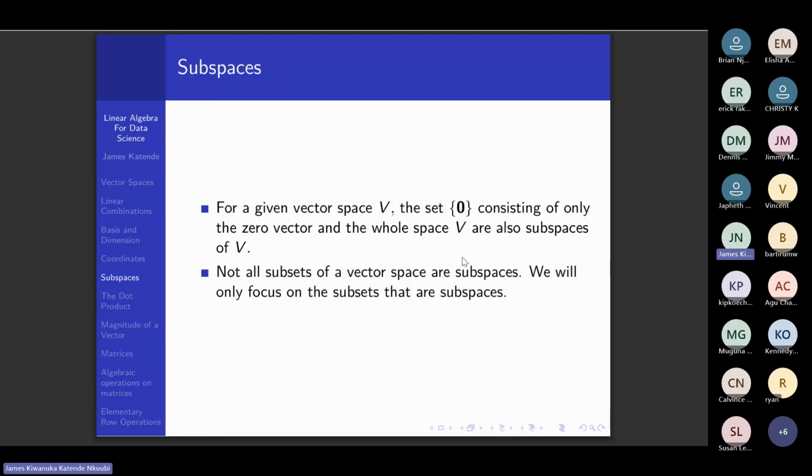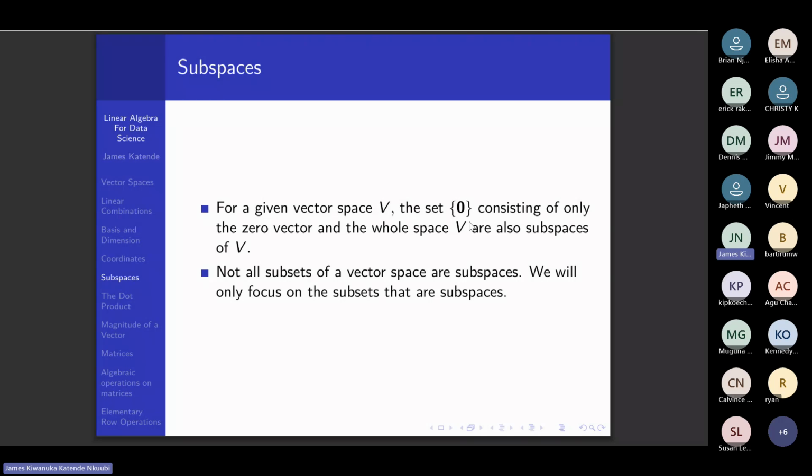So there are some basic examples, the trivial examples of subspaces that we can use. One, if you have a vector space V, the set consisting of just the 0 vector and the whole space are considered subspaces. From mathematics, you know that any set is its own subset. So you can think of the whole vector space as a subset of itself.